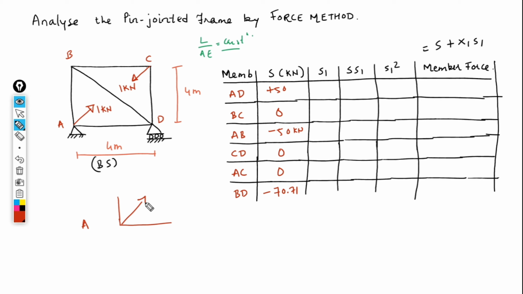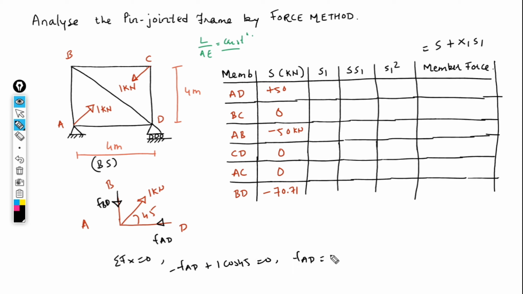So you can apply unit load 1 kilonewton. This is 45. Here you have D and here B. The member force in member BD I will take towards the joint. Here also I will take towards the joint. So I will apply summation of Fx equal to 0: minus FAD plus 1 cos 45 equal to 0.